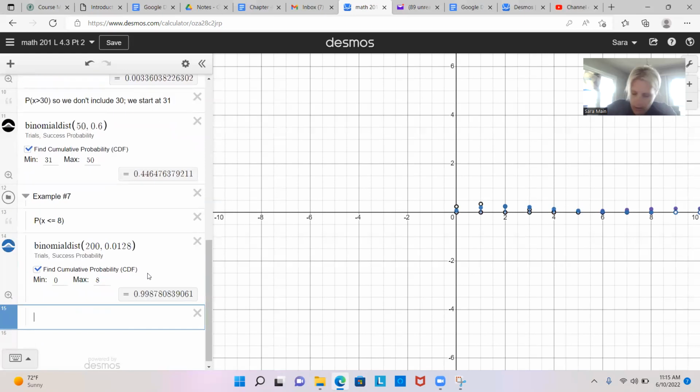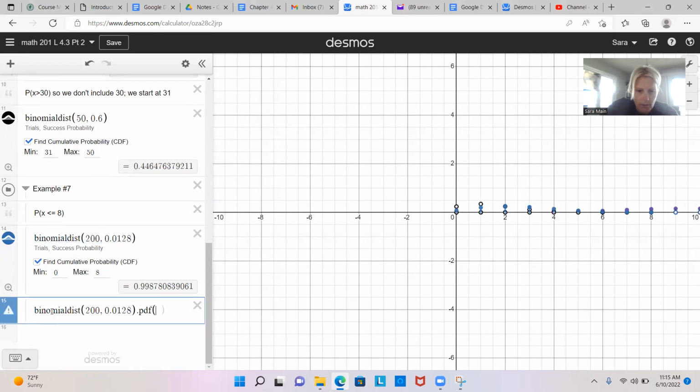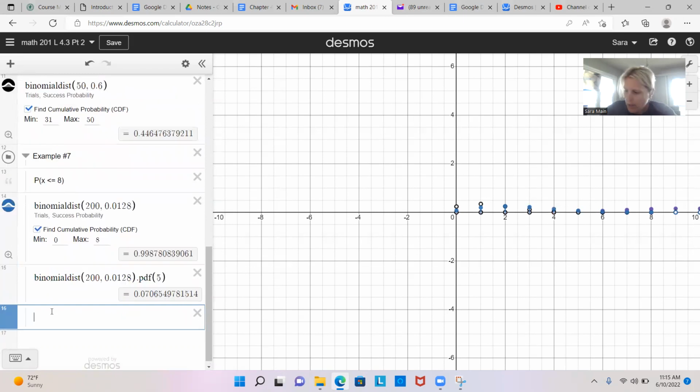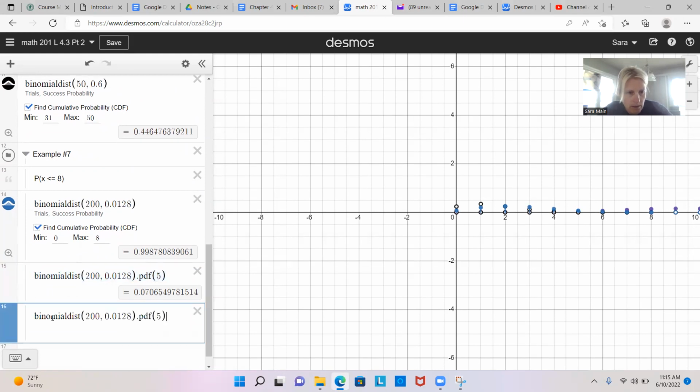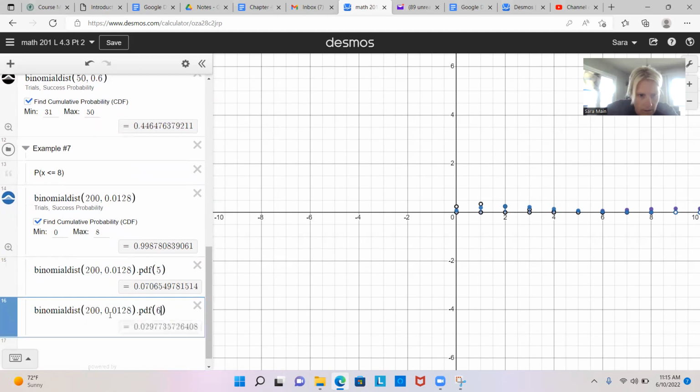And then the next one was the probability of 5 or 6. So I'm going to do this with a PDF because I'm going to look at them exactly. So the PDF of 5, and I'm also going to look at the 6. So exactly 5 of them having pancreatic cancer is about 4 points more than the 6.